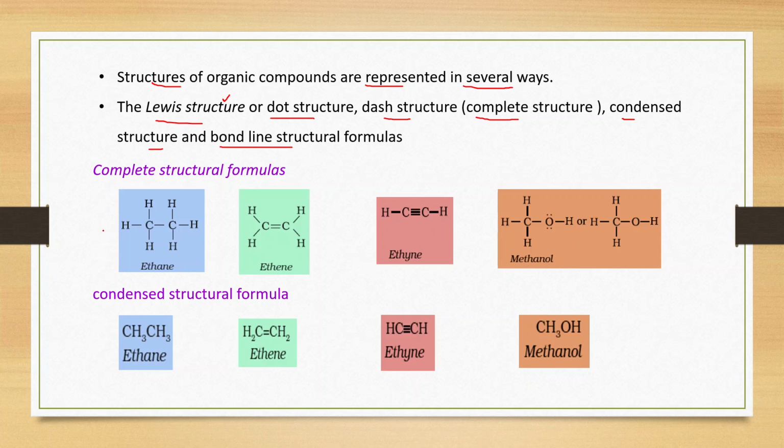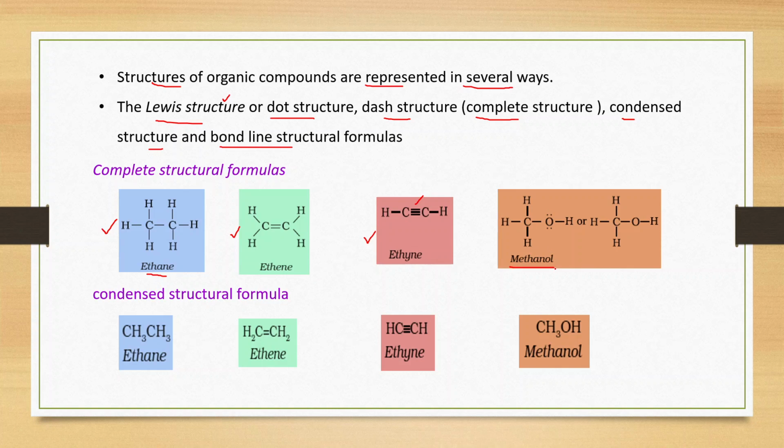For example, this is the complete structural formula of ethane. This is the complete structural formula of ethene, with a double bond between carbon-carbon. This is the complete structural formula of ethyne, with a triple bond between carbon-carbon.